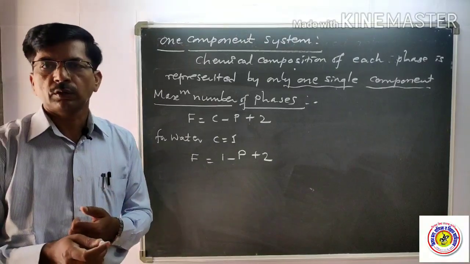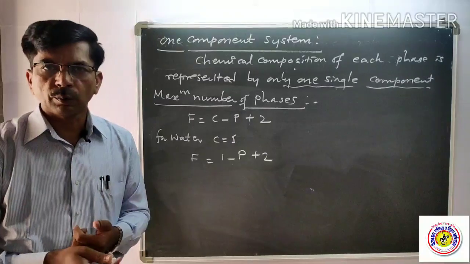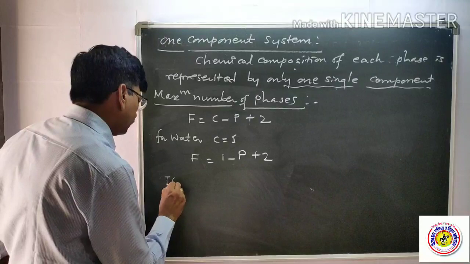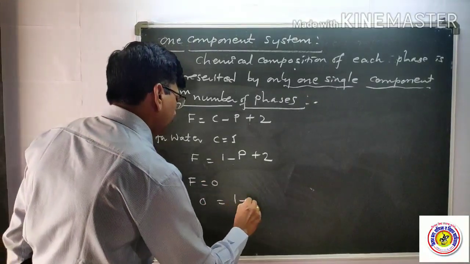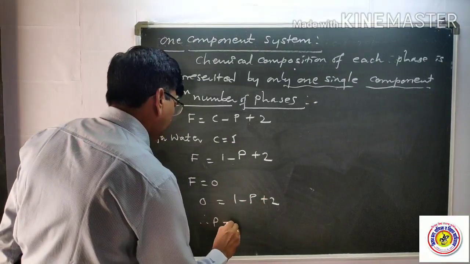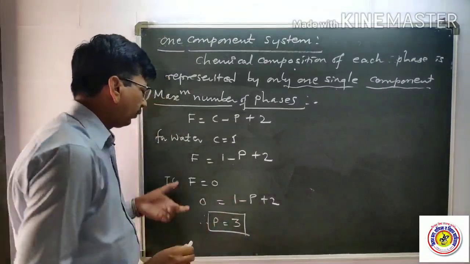The minimum number of degrees of freedom is F equal to 0, so 0 equals 1 minus P plus 2, and therefore P is equal to 3.